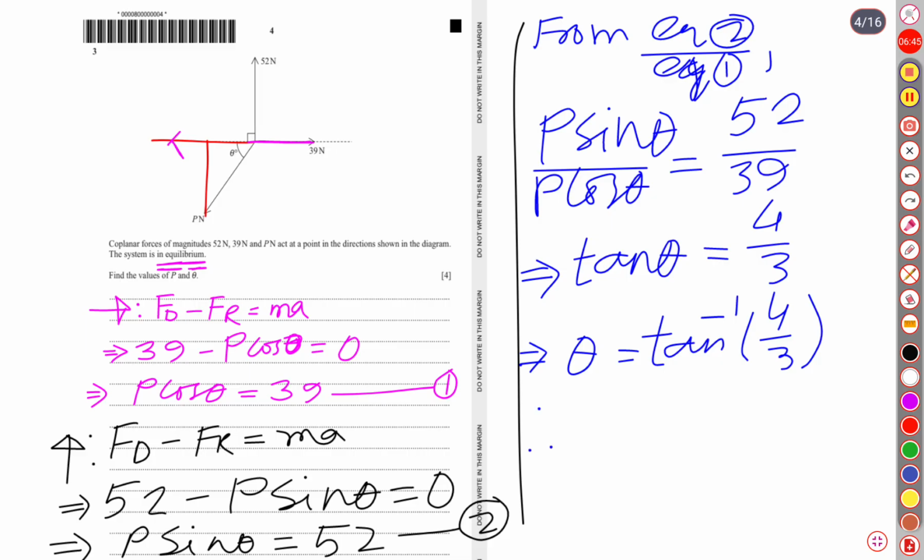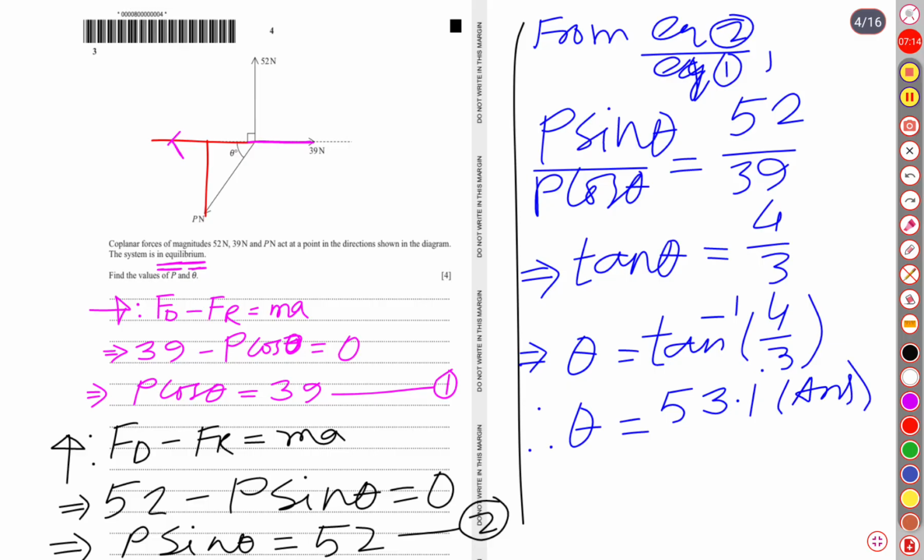Hence our angle between P and the horizontal ground line is 53.13, so 53.1 degrees if we round it to one decimal place. This is one of the answers.